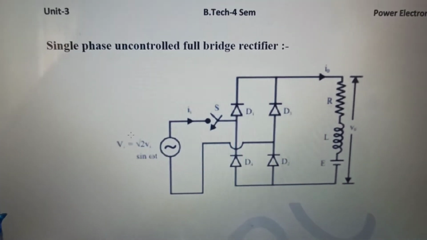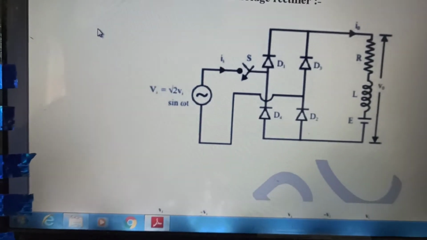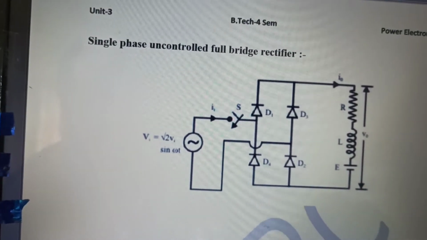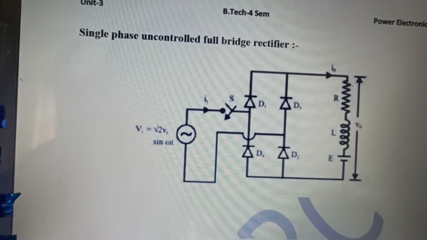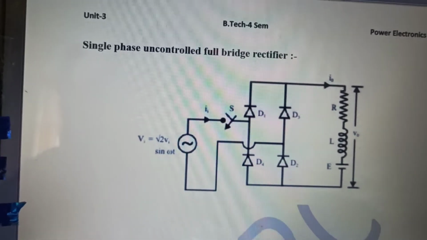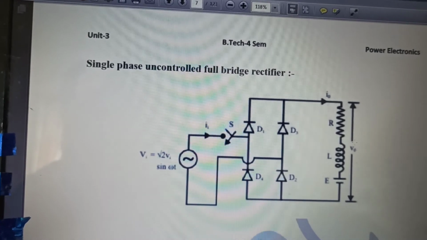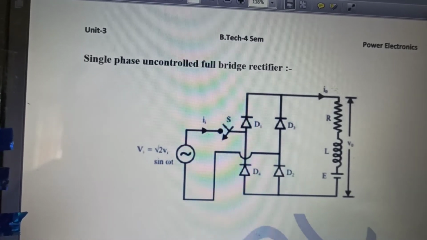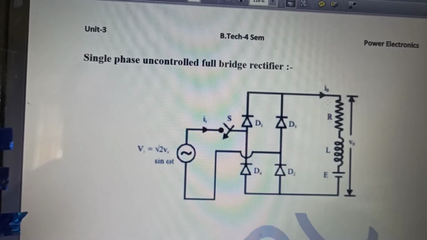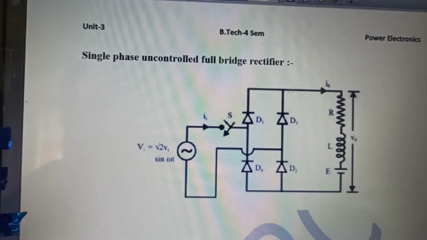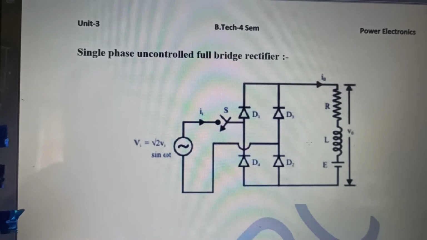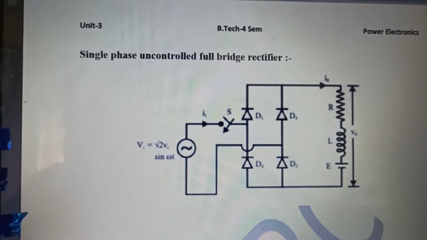It means that if this R and L are the load, then this R and L will get a filter capacitor across its terminals.